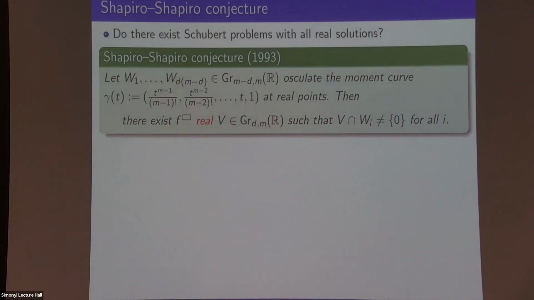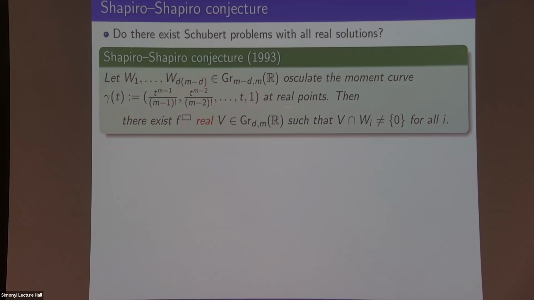What we're going to do is consider this special curve called the moment curve gamma of t, which consists of the powers of t from m minus 1, m minus 2 down to 1. I rescaled by these factorials, just because that's going to be relevant later. But for this statement, you can take any rational normal curve gamma. I'm going to let each W_i be an osculating subspace.